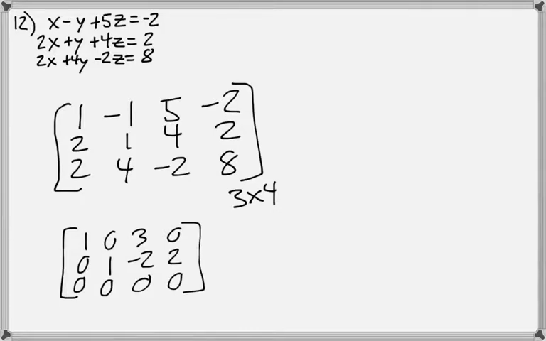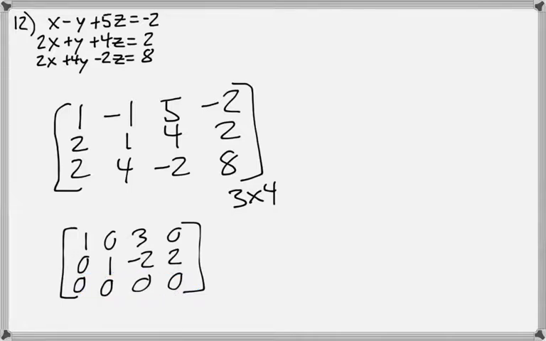Okay, so normally when we do the RREF, we get a diagonal of 1s and then a bunch of 0s everywhere else, and then our final column would be our answers. Well, here we have something interesting. We have a final row of 0s.